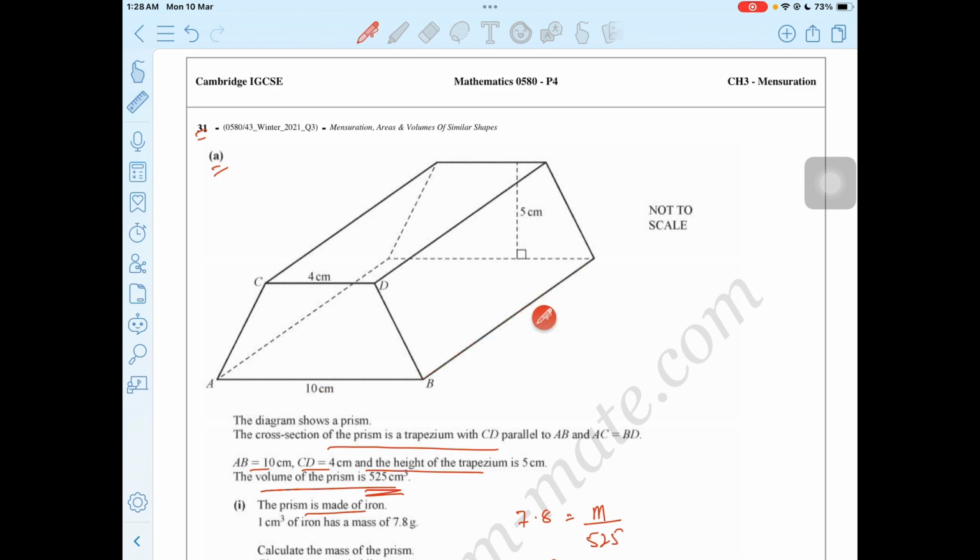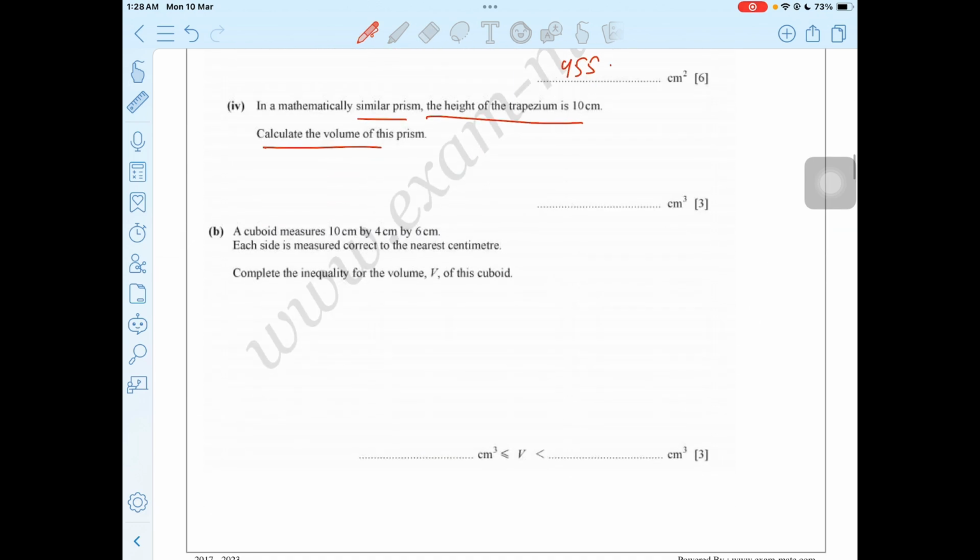But since they are similar, we can use this formula, L1 over L2 whole cubed equals V1 over V2, right? So we have 5 over 10, or we can just simply take 10 over 5 whole cubed. We need to calculate the V1.